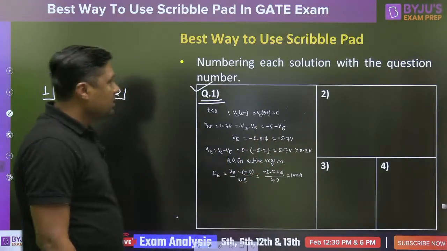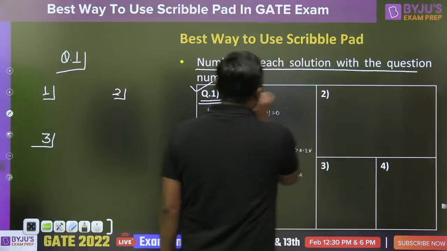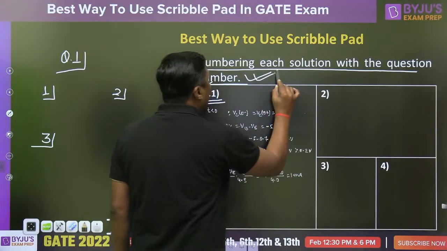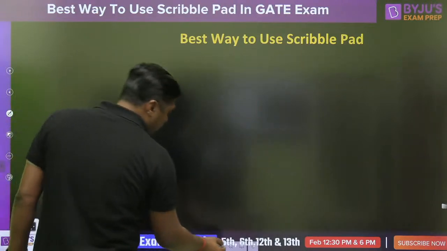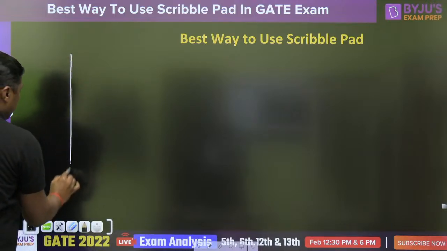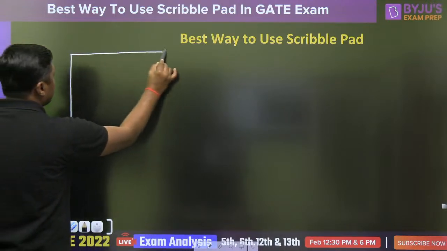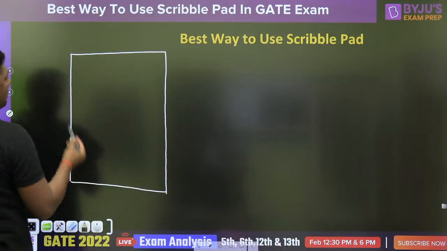Always remember this. Now, numbering each solution with its question number is a very, very important point. Start with this, but again it depends on you. If you want to use it like this, for example, that is the page, no problem.